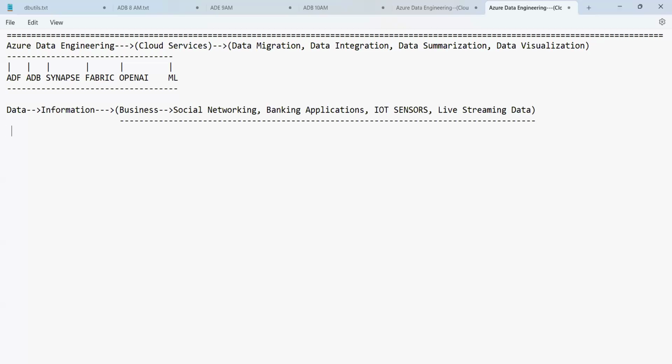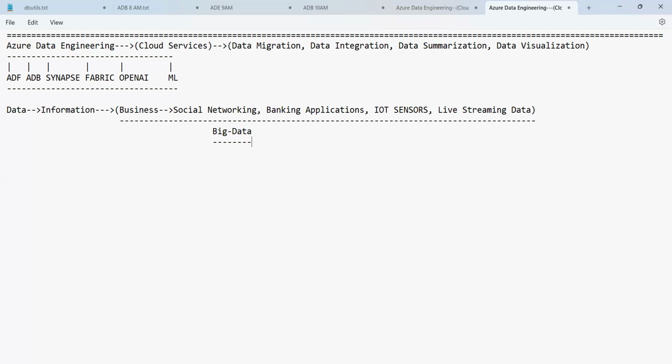So when we talk about data, as we looked at yesterday, all these things generate what?